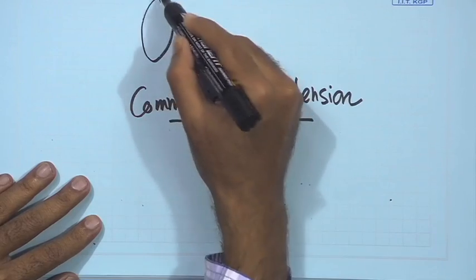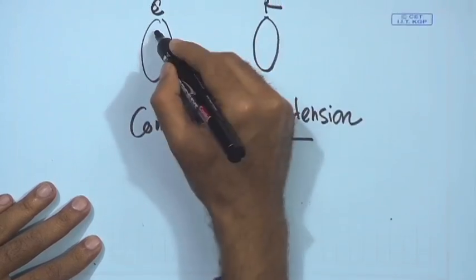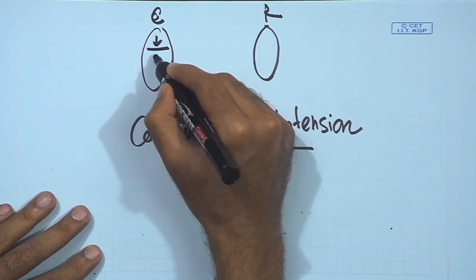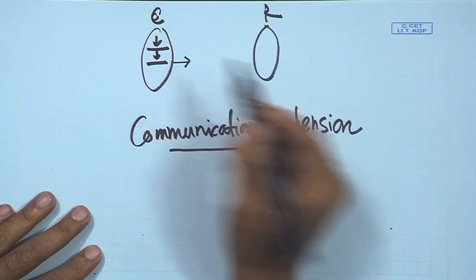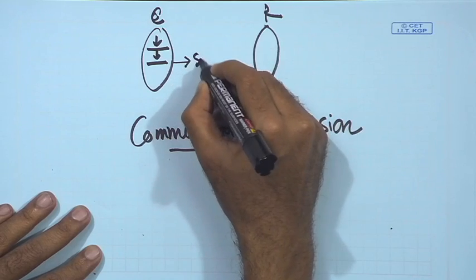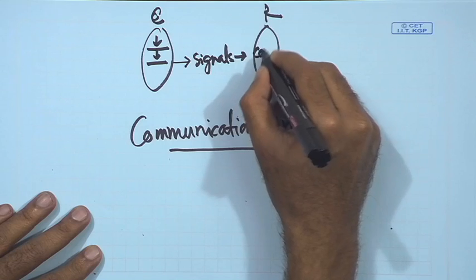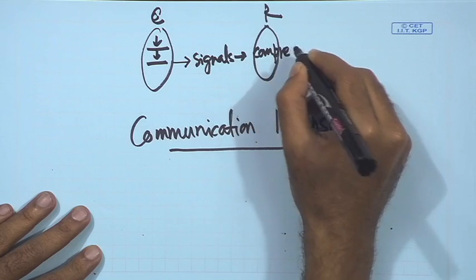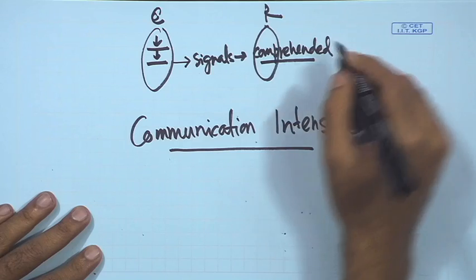If you remember, the communicator and the receiver, it starts with a goal, then you have social intention, then you have communicational intention, and communicational intention is percolated by certain signals, and that signal is comprehended or analyzed.